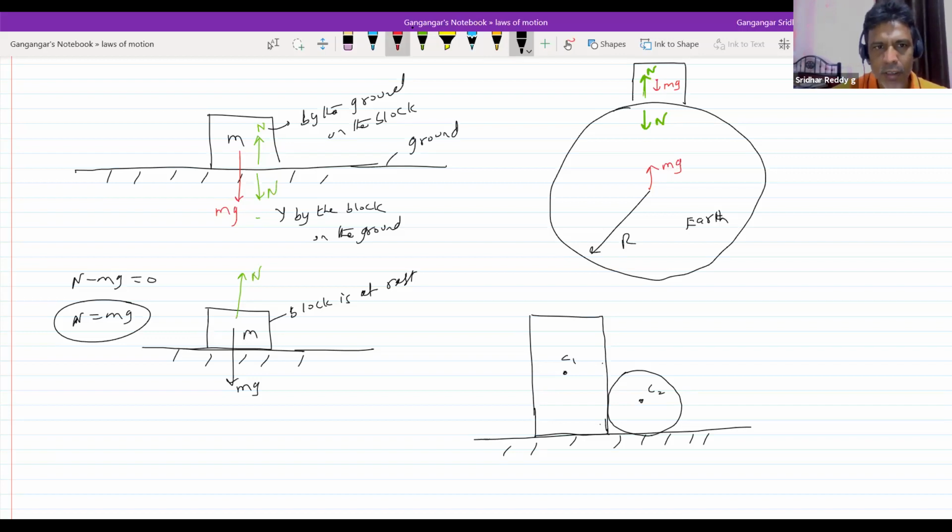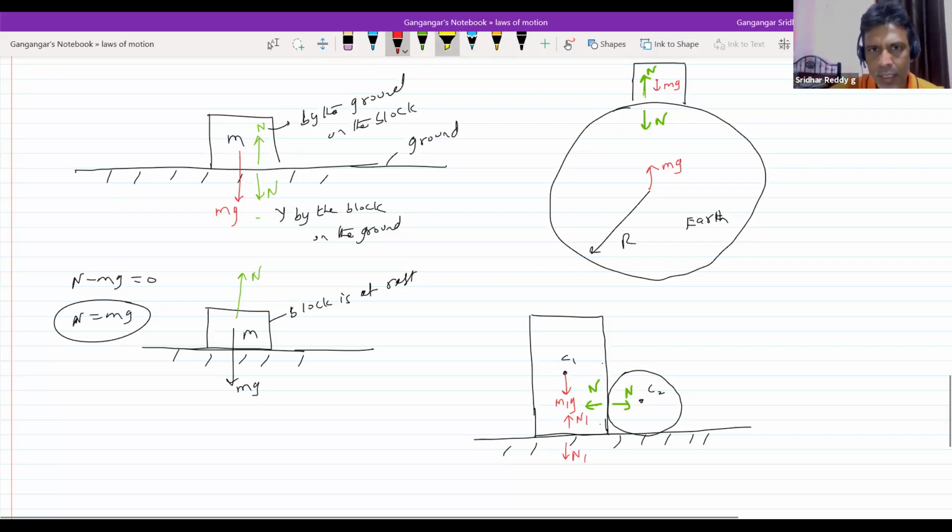The answer is no. The normal contact here will be in this direction. The rectangular block will push this in this direction. Similarly, this will push in this direction. Then what are other forces that are acting? The weight, m1g. Then the normal contact here by the ground on the block. By the block on the ground.